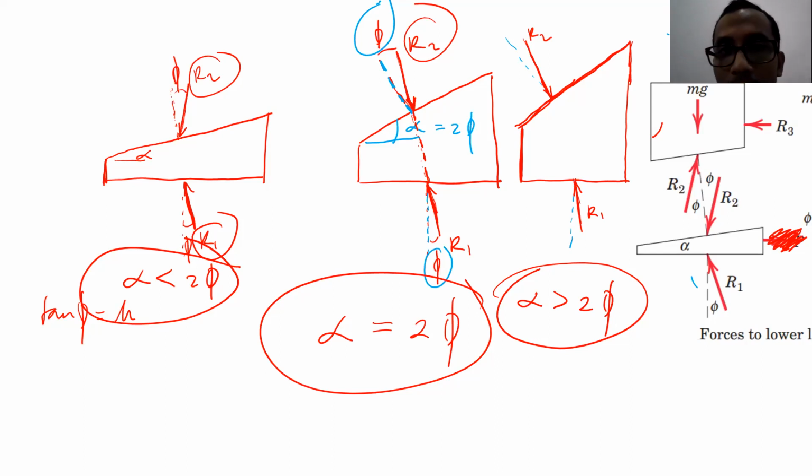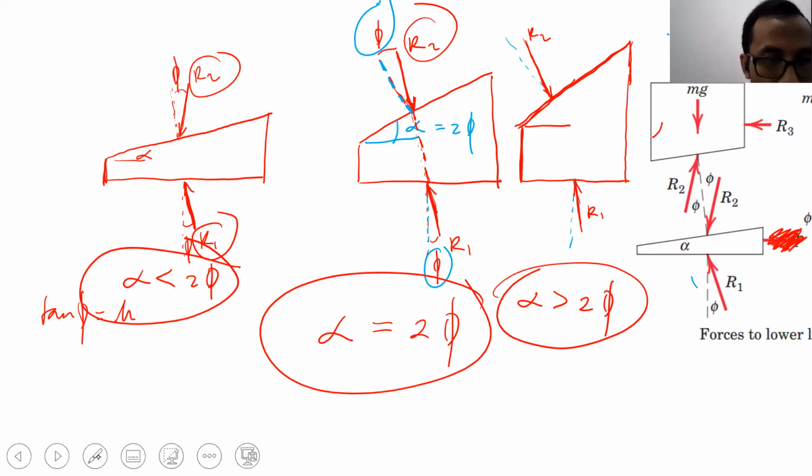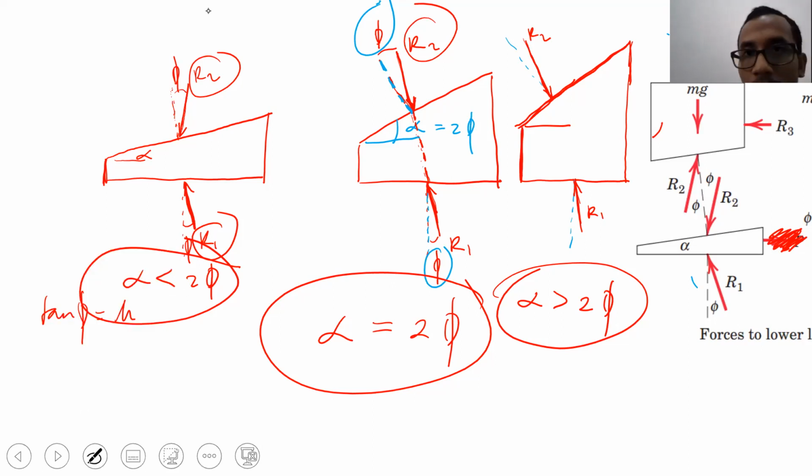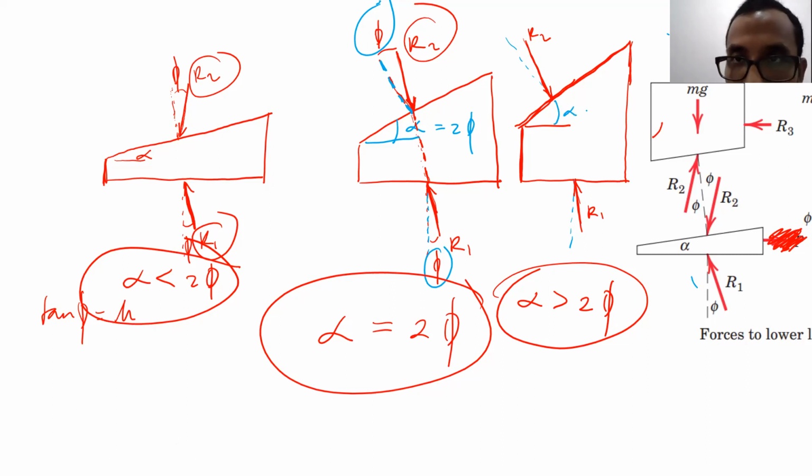As you can see, in this case, alpha is actually bigger than 2v.